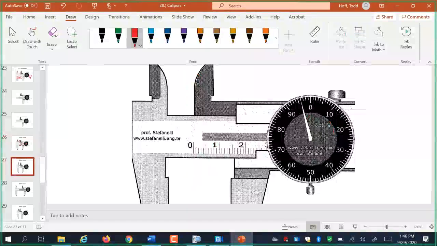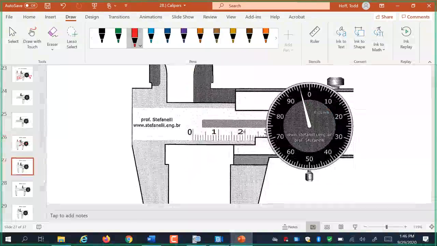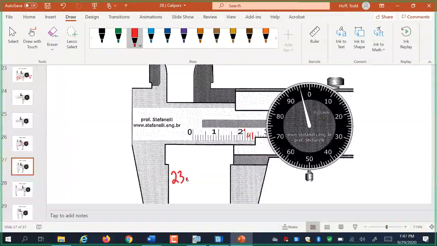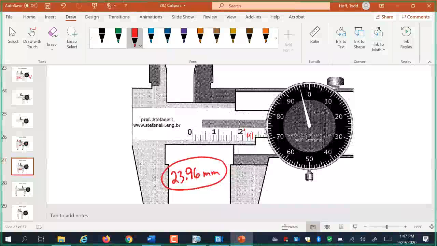So for this one, that's 20, 1, 2, 3. Not quite to the 4 yet, because we're not quite back to 0. 0.96 off the dial, so 23.96 millimeters.